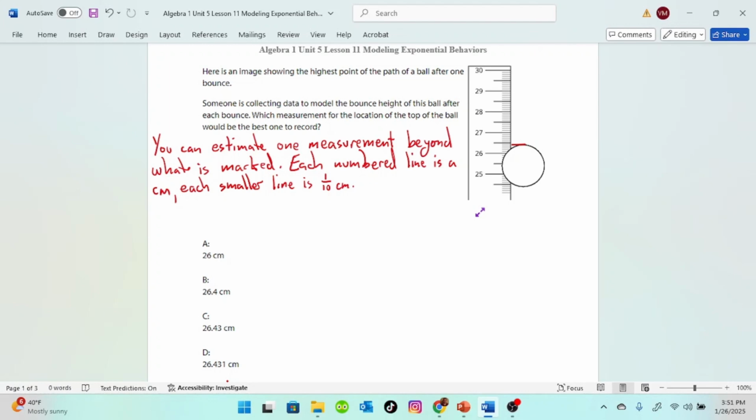So if you count 1, 2, 3, 4, we could even go as far as to say 26.4 is known. So we're going to mark A as incorrect. And then we know that it's somewhere between the 26.4 and 26.5, so we can actually estimate to one more place. So we would say that answer C is the most correct and as far as we can estimate.